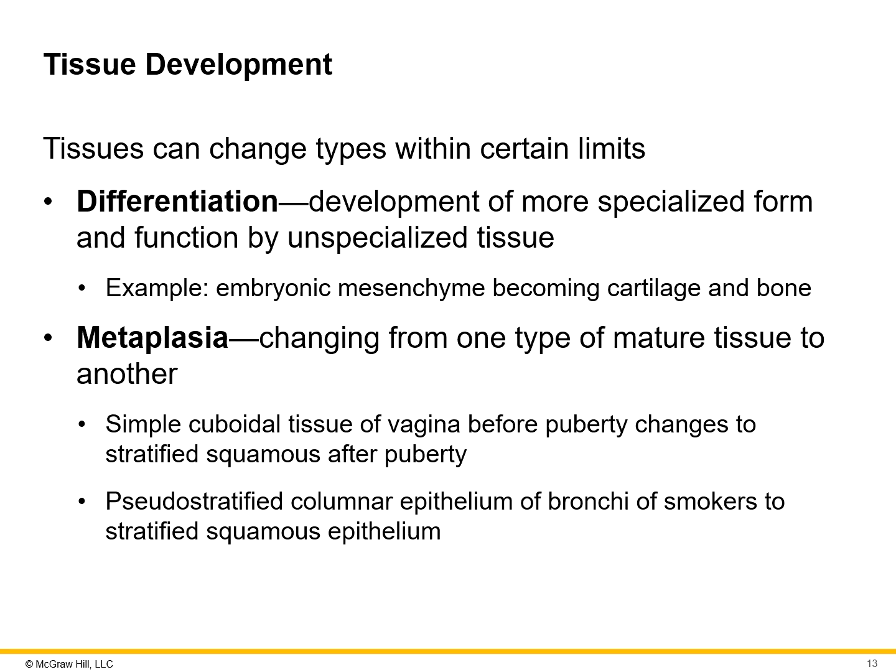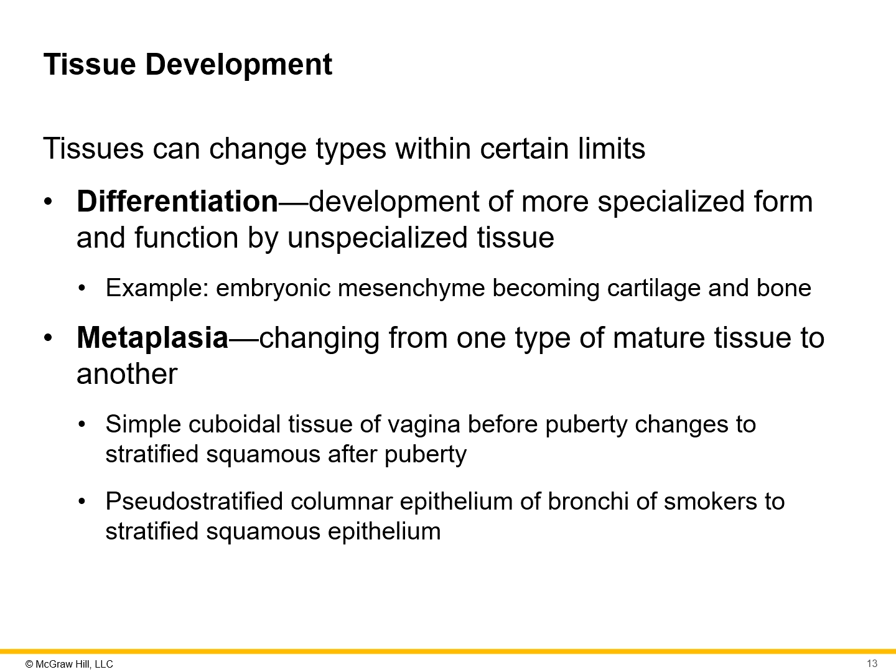Tissues can change types within certain limits. For example, we have stem cells in the connective tissue, and it's all a mesenchyme stem cell, right? As those cells develop, they are going to become more specialized to perform a specific function.